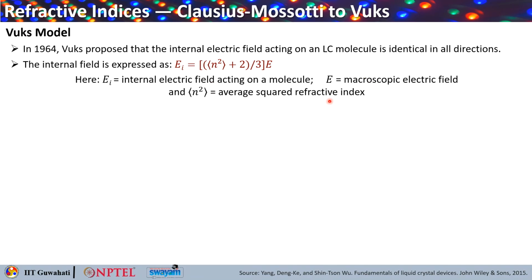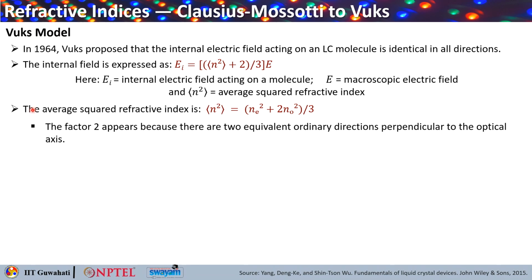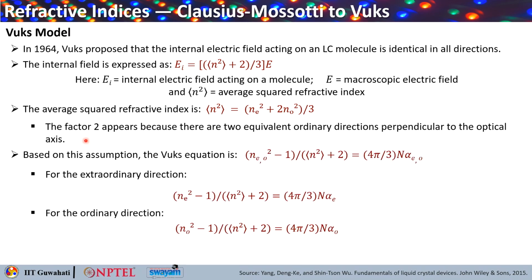This is the average squared refractive index, which is Ne squared plus 2 No squared divided by 3, because there are two ordinary axes. So this is how you are averaging it out. This factor of 2 comes from the two equivalent ordinary directions perpendicular to the optical axis, and the one along the optical axis is the extraordinary one.